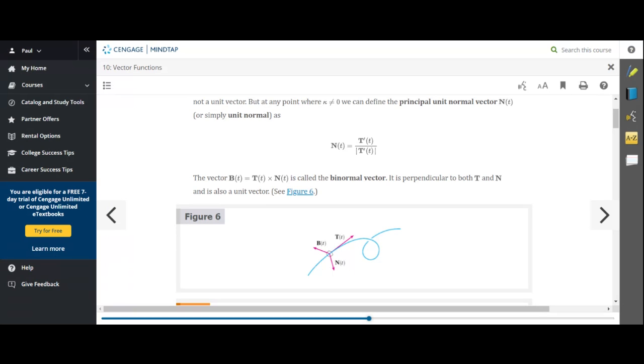And then you have these other two vectors, also a normal vector N of t, and what's called a binormal vector B of t. And together, these three vectors form what's called the TNB frame.